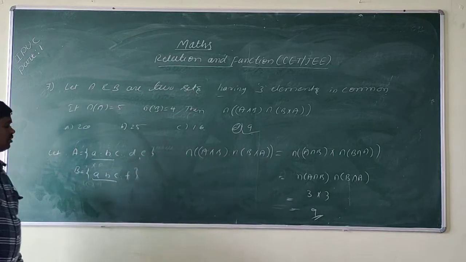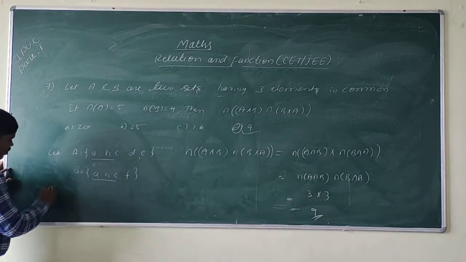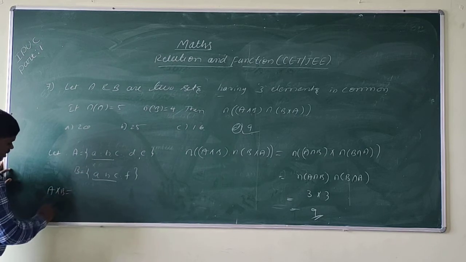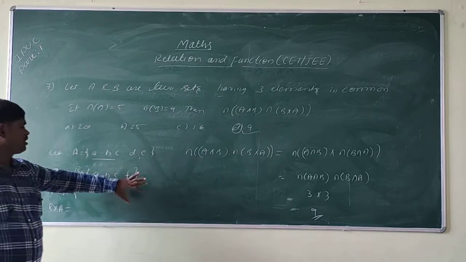If you take the product A cross B and B cross A directly, then we get the same answer: 9 elements are common.